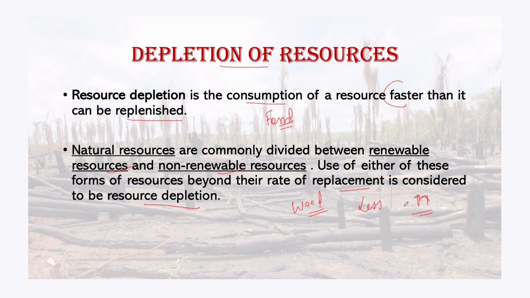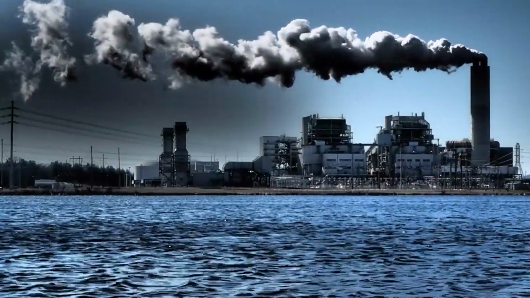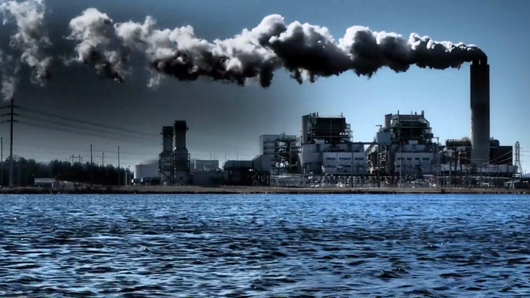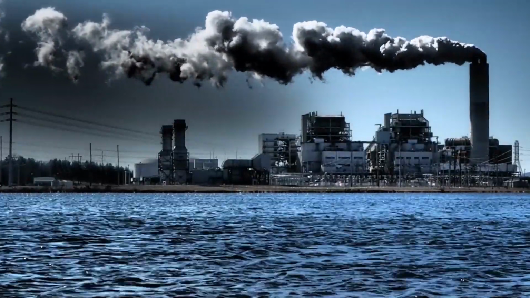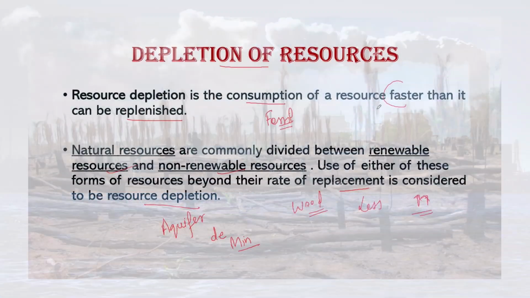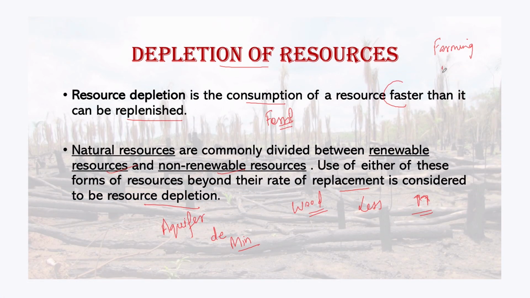There are several types of resource depletion. The most known right now are aquifer depletion, deforestation, mining of fossil fuels and minerals, pollution or contamination of resources, slash and burn agricultural practices, soil erosion, overconsumption, etc. Now, resource depletion is most commonly used in reference to farming, fishing, mining, water usage, and consumption of fossil fuels.